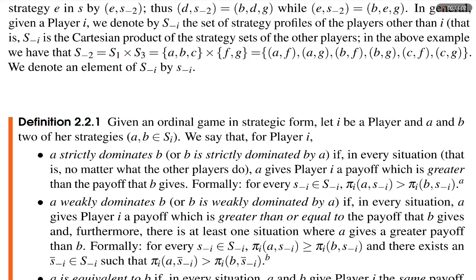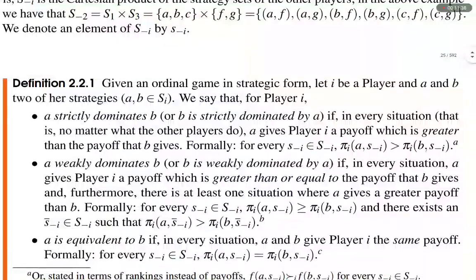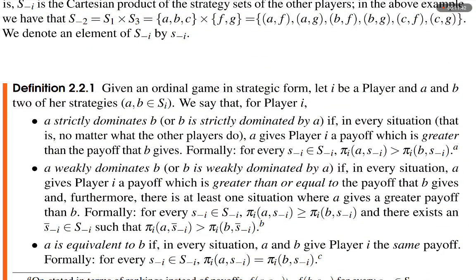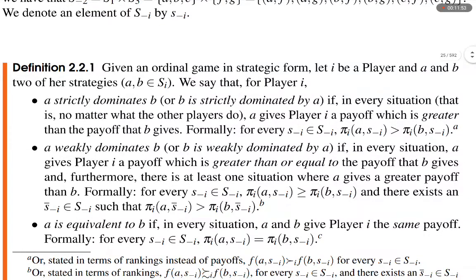In the above example, we have that capital S sub negative 2 equals capital S sub 1 times capital S sub 3, the three element set A, B, C multiplied by the two element set F, G, which equals the set of outcomes, each given as an ordered pair: A and F, A and G, B and F, B and G, C and F, C and G. We denote an element of capital S sub negative I by S sub negative I.